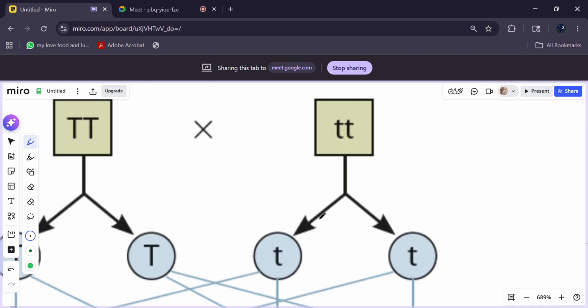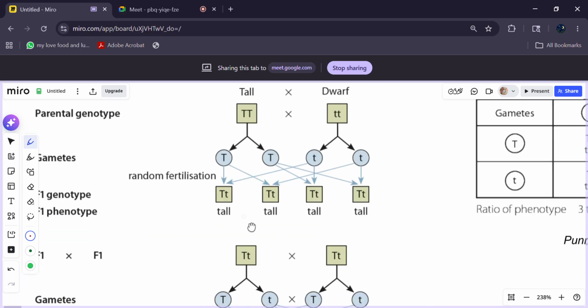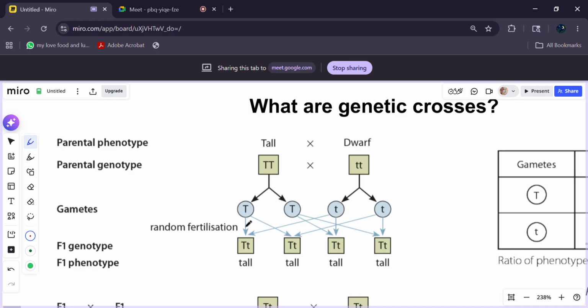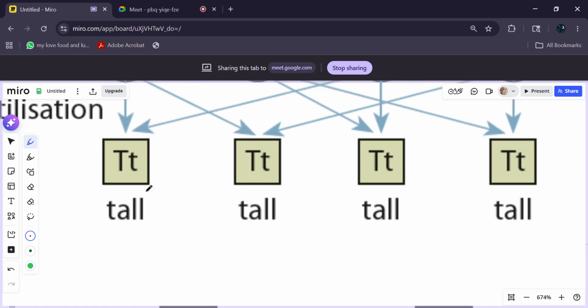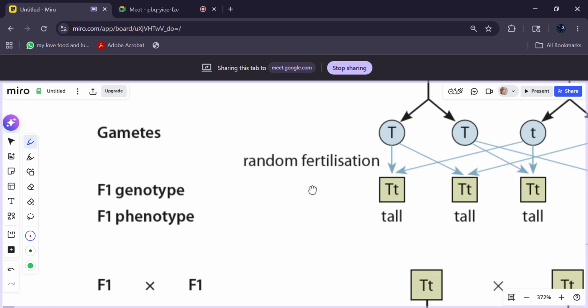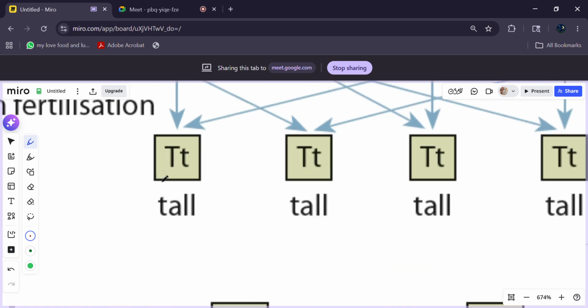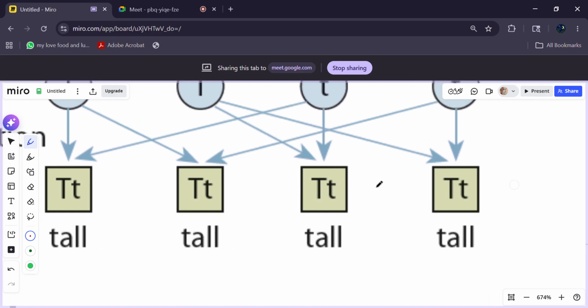Since both are recessive, when they combine together in the F1 generation, you can see there's a chance for the ratio of tall to short. All the children are tall in the F1 generation, the first filial generation. You know why all of them are tall?